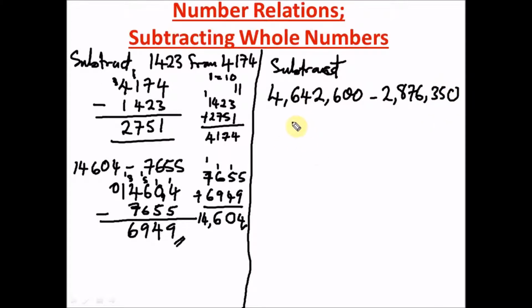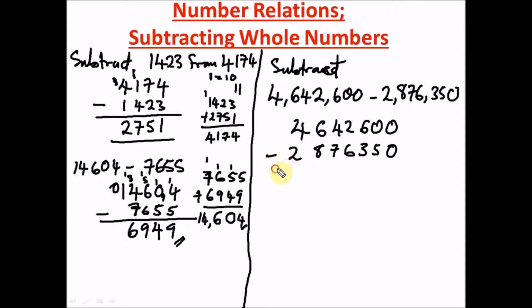Okay, so this is the biggest number, so we write it down. We have 4,642,600, and since both of them are in millions, it will be placed under each other. Then we have 6, 7, 8, then 2, our subtraction sign.